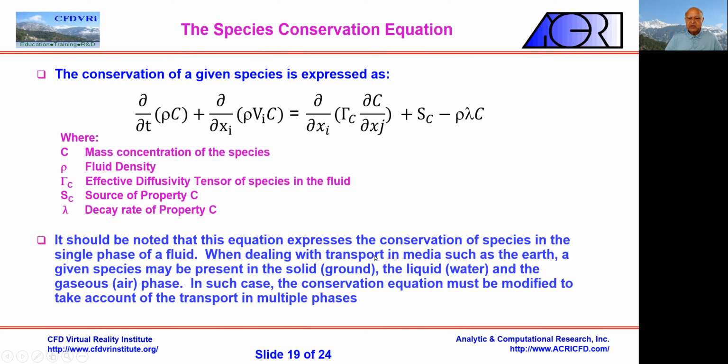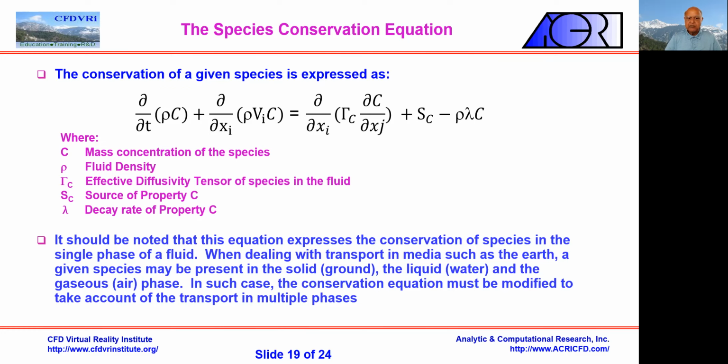Now, when we're dealing with transported media such as the Earth, a given species, a radionuclide for example, may be present in the solid, in the ground part, in the grains. It may be present in the liquid, or it may be in the gaseous, air phase that is in the ground. So in such cases, the conservation equation must be modified to take into account the transport in multiple phases.